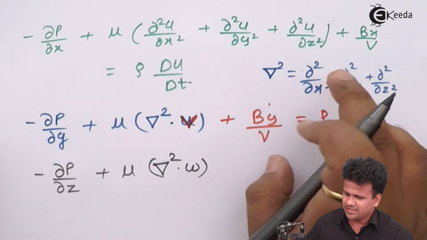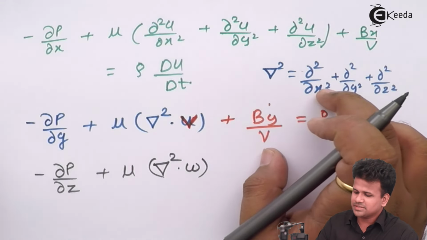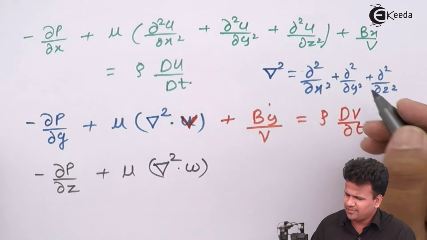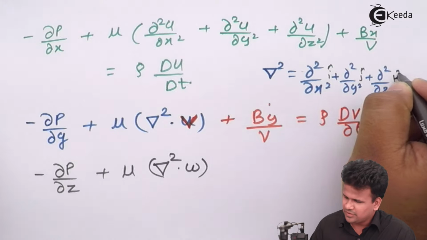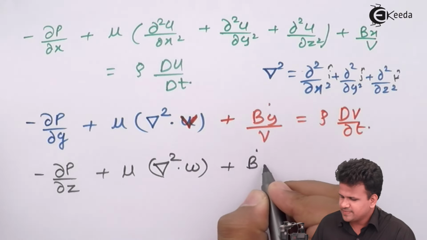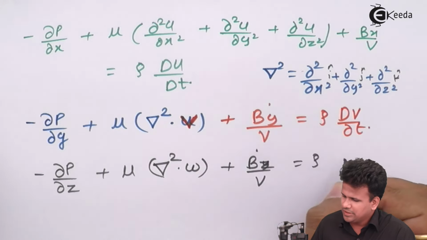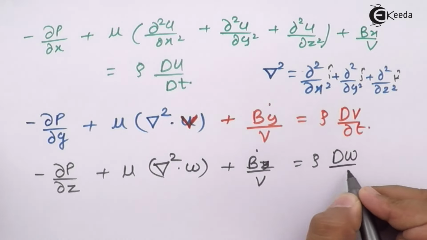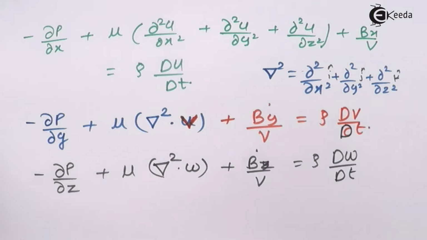So again del square is dou square upon dou x square, i cap, j cap and k cap I have not written, so that will also be there along this part, plus body force per unit mass along z direction per unit volume into rho into dw by dt. Even here this is capital D. We can expand this part and then we can write the equation.